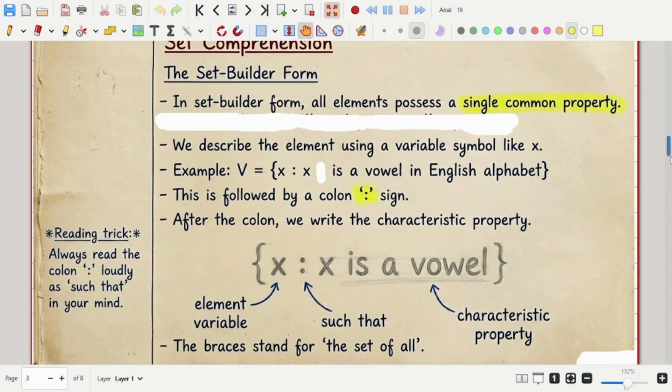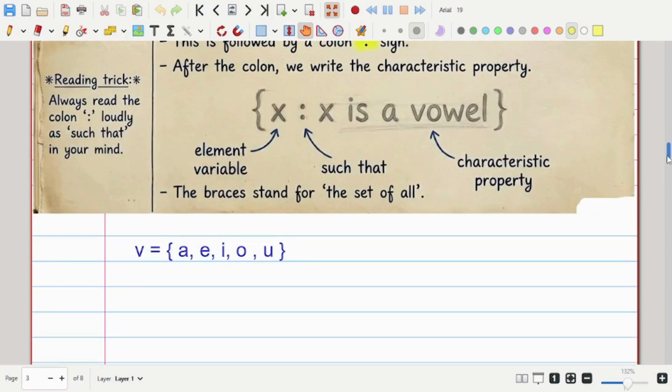Colon means such that, and read it like V is a set of all x such that x is a vowel in the English alphabet. x is a vowel in the English alphabet is a characteristic property. So V is a set of A, E, I, O, U. These are called vowels of the English alphabet.